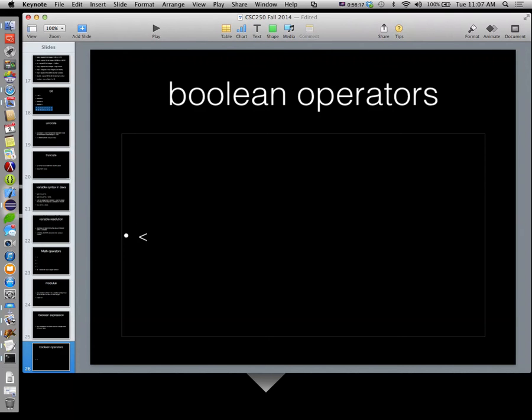Things like less than or equal to, greater than or equal to, equal to, the double equal sign, as opposed to the single equal sign, which is the what? Assignment operator. So the single equal sign is how we assign a value to a variable. The double equal sign is our Boolean operator for testing equivalence. Is one value equivalent to another value? Not equal to.